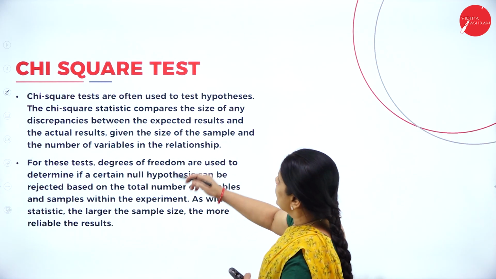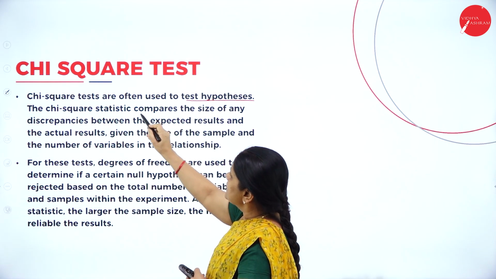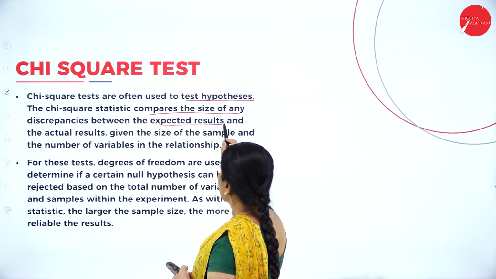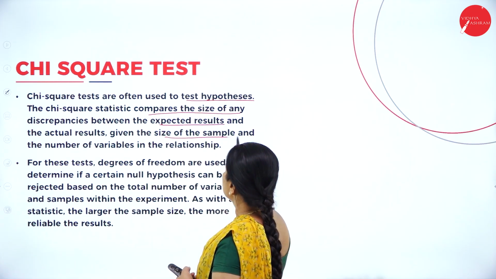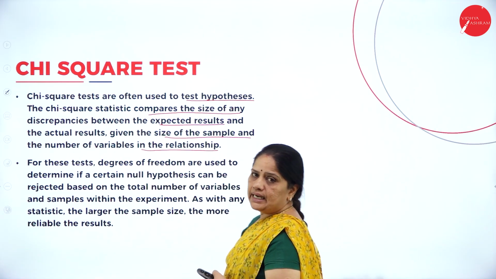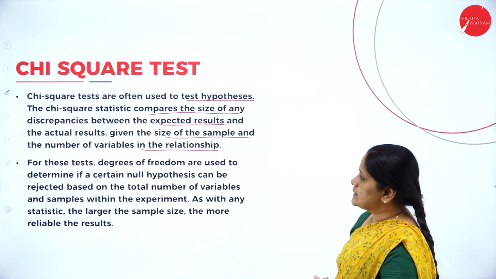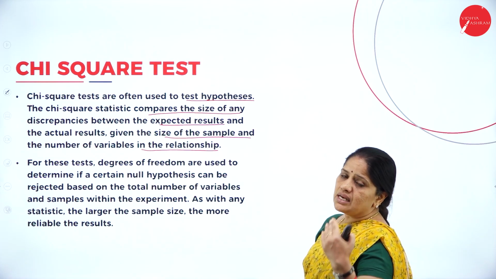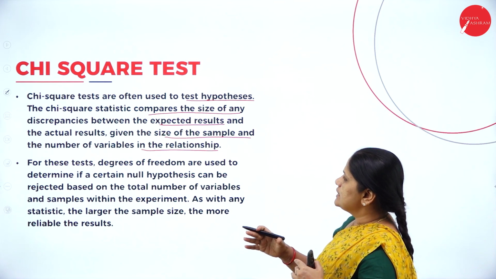Then chi-square tests are often used to test hypotheses. The statistic compares the size of any discrepancies between the expected result and the actual result, given the size of the sample and the number of variables in the relationship. So what is the expected result and what is the actual result?